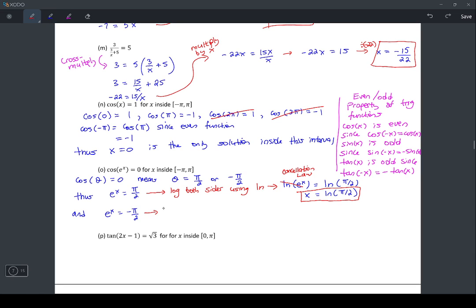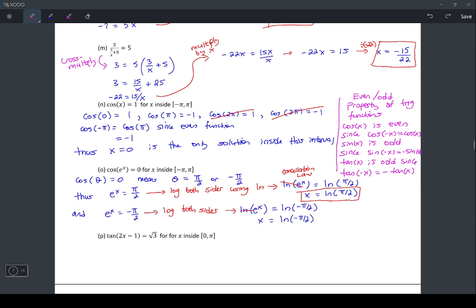Also log both sides. Also using ln. So ln of e to the x is equal to ln of negative pi over 2. Same cancellation law. X is equal to the ln of negative pi over 2.